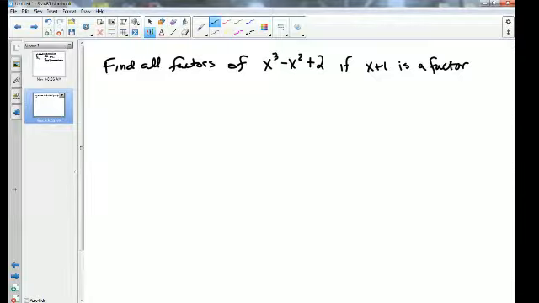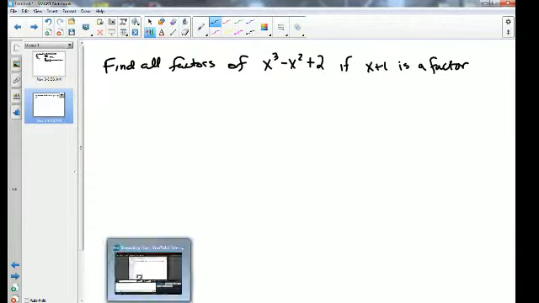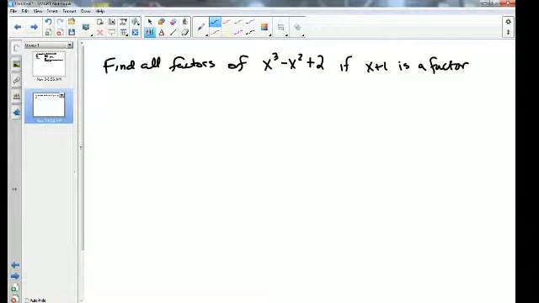Okay. So basically what synthetic division is going to do, we're going to divide, and it's going to give us a quadratic out the backside. We might be able to factor the quadratic, right? So this is going to reduce our work.